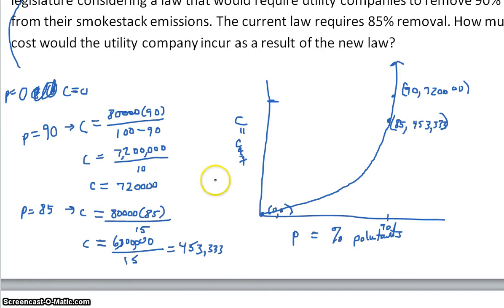Well, we have this amount of money that the new cost would be, and this is the old cost, so you subtract the two, so the cost difference would be the difference of the two, which is $266,667.